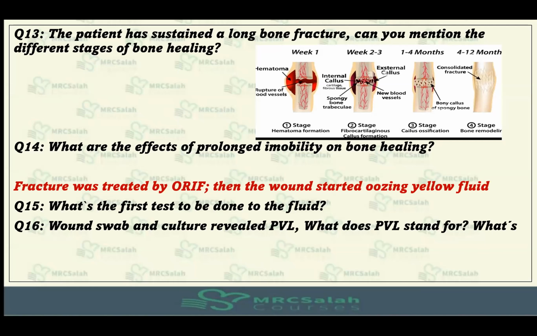Great. So wound swab and culture revealed PVL. What does PVL stand for? Panton-Valentine leukocidin. It's a toxin, a cytotoxin. It will cause increased virulence of Staphylococcus aureus, and it will cause destruction of the membrane, like in hemorrhagic pneumonia.